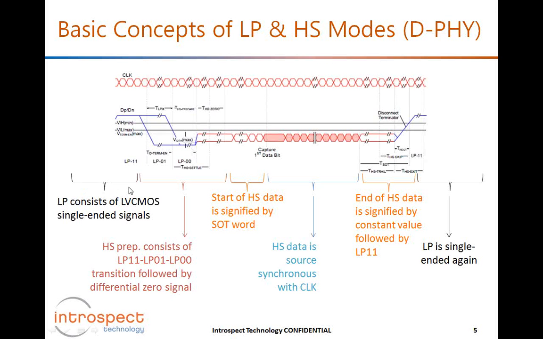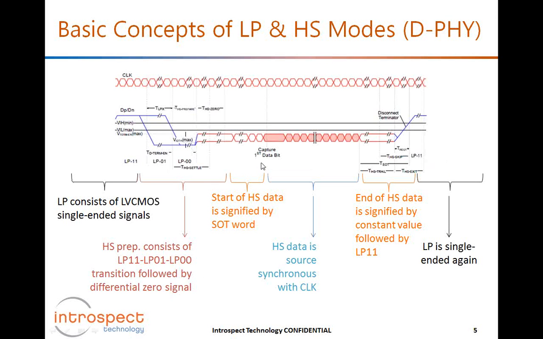In D-PHY, low power transmissions happen using LV-CMOS single-ended signals. So this is like going back 40 years in time and having very low technology, low speed communication based on single-ended 0-1 signals. That's the LP state at the left side here, and then at the right-hand side here as well.